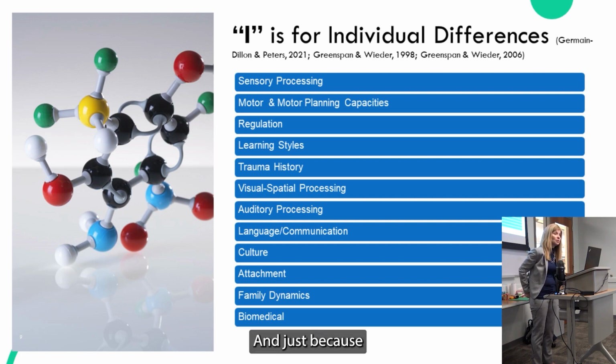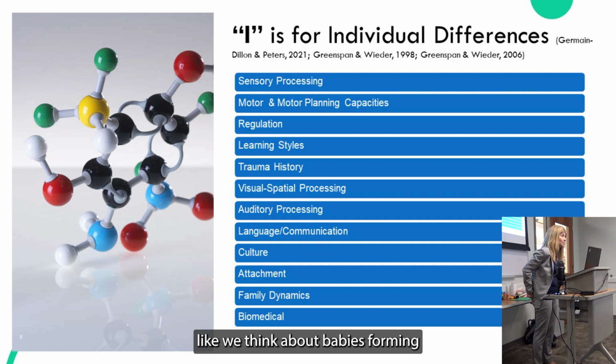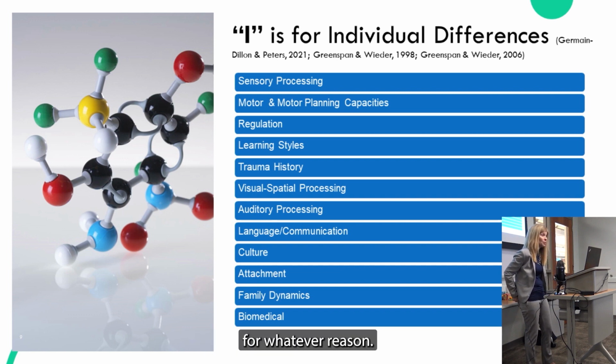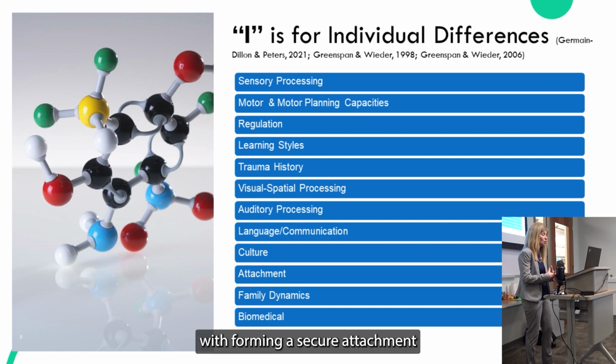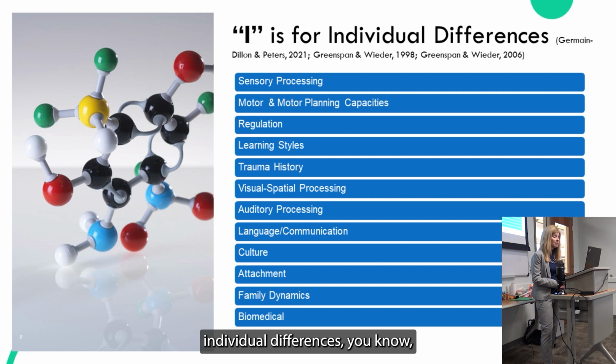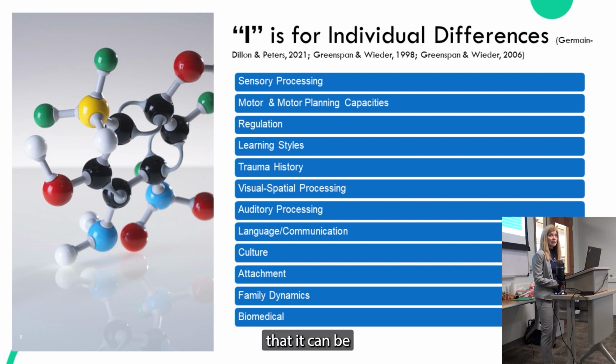We think about babies forming strong attachments, but that doesn't always happen for whatever reason. And it could be a teen who's still struggling with forming a secure attachment with a caregiver. And each family can have their own individual differences, and that's okay. It's really when these differences are impactful that it can be problematic.